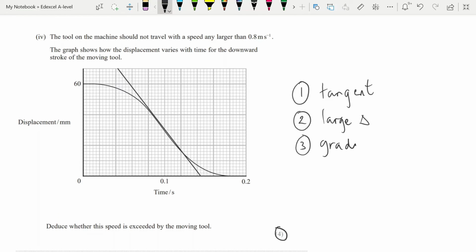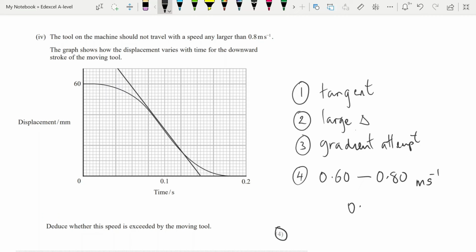Now again, it doesn't matter the quality of your tangent at this point, because they just want to see you at least try to do it correctly. It's only in the fourth mark that the quality of your tangent becomes important. And you should get somewhere in the range of 0.60 to 0.80 meters per second.